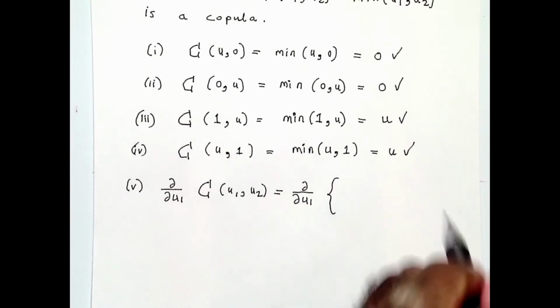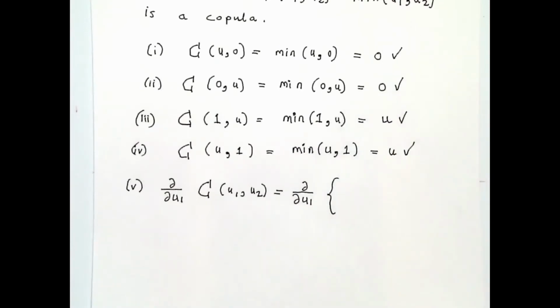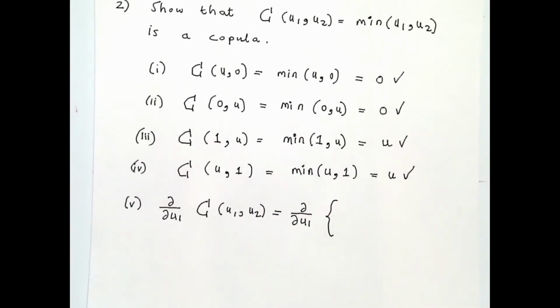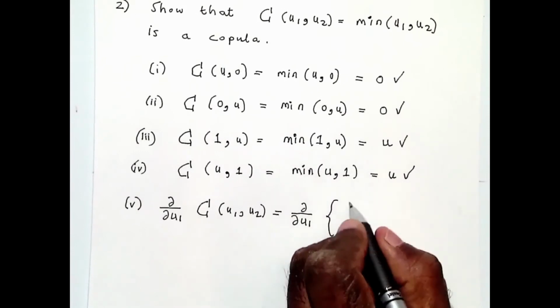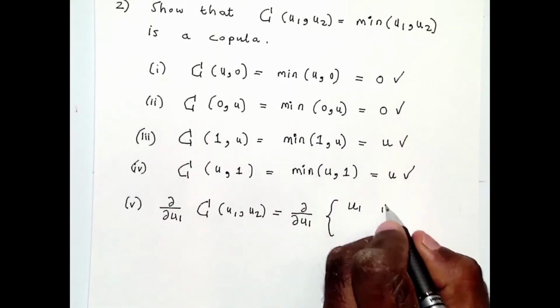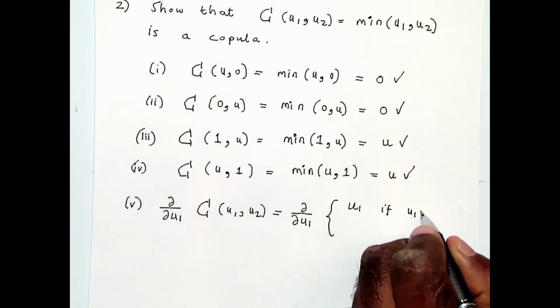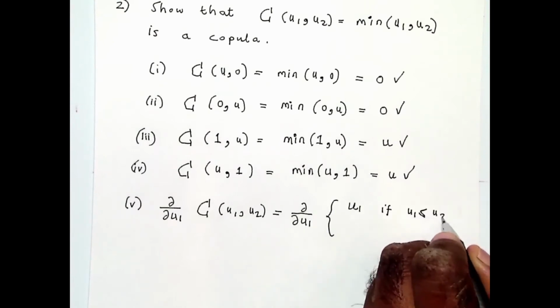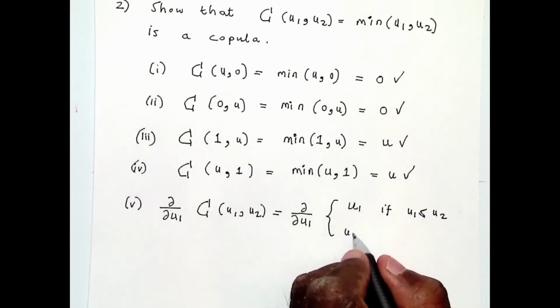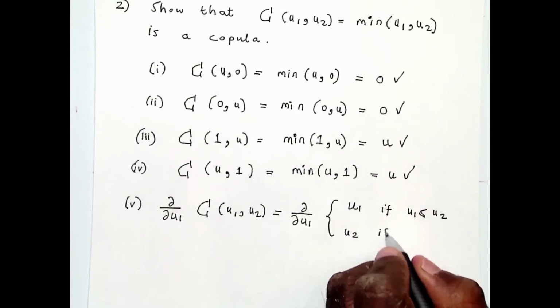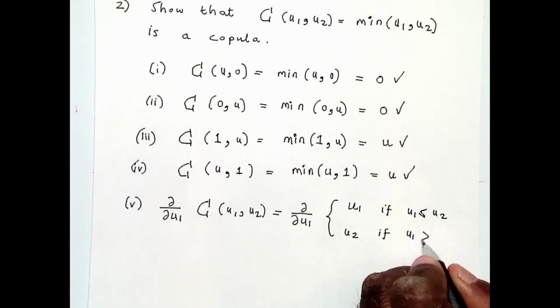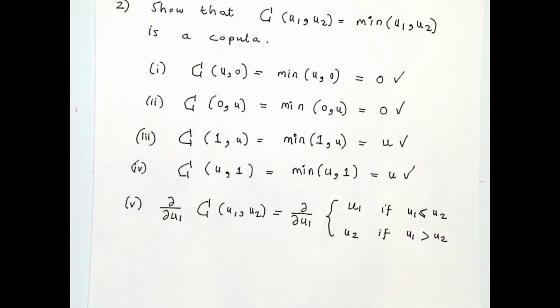Now the minimum can take two possible values depending on, it can be equal to u1 if, right, and it can be equal to u2 if, okay.